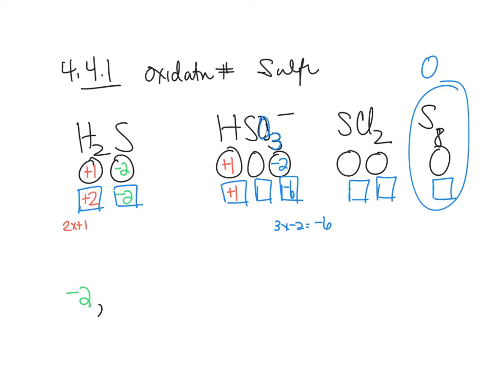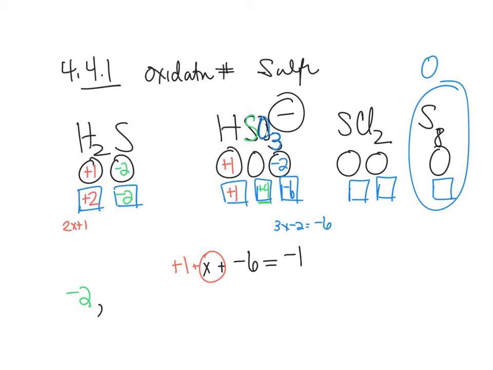Now the overall charge is negative. So the overall charge is -1, and you have a -6, and you have a +1. So what positive charge do you need for this sulfur? So this needs to be a +4.